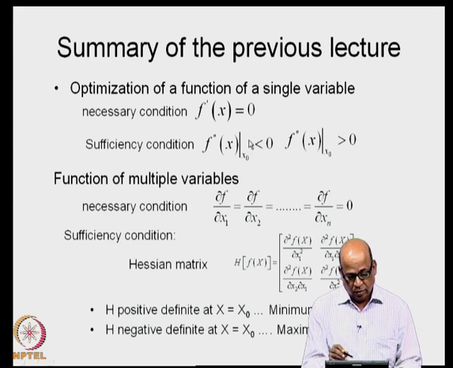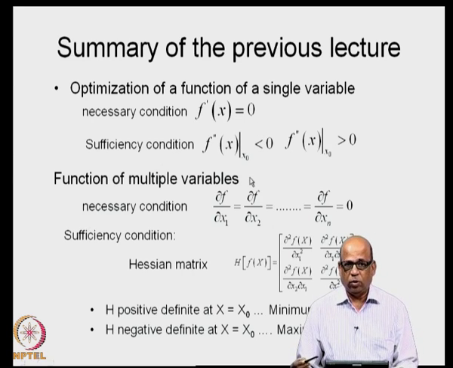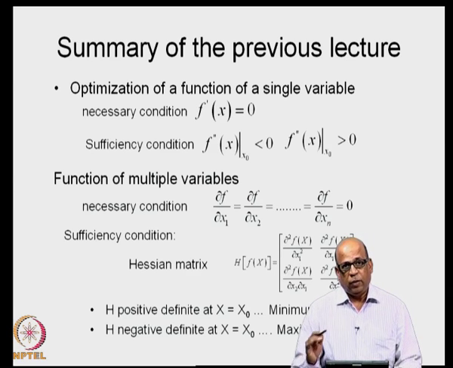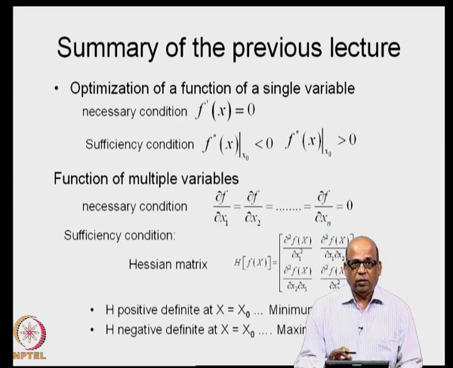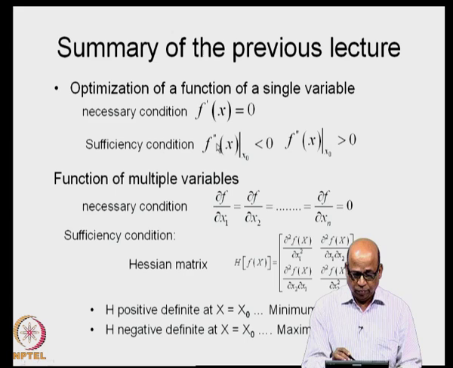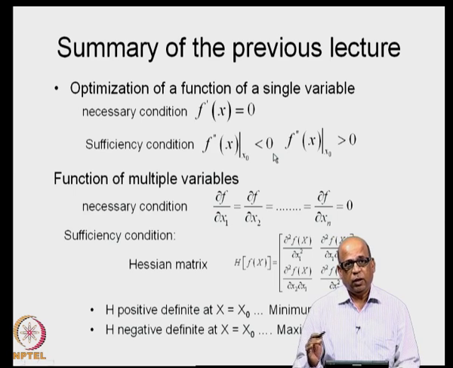And recall that if the second order derivative is 0, then you go to the higher order derivatives and capture the first non-zero derivative, then look at its order. If it is odd, the stationary point x naught corresponds neither to a minimum nor to a maximum. If it is even and the sign is negative, it corresponds to a maximum. If the sign is positive, it corresponds to a minimum.